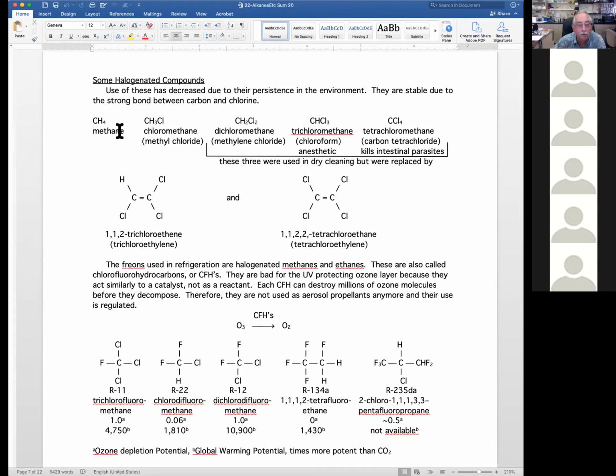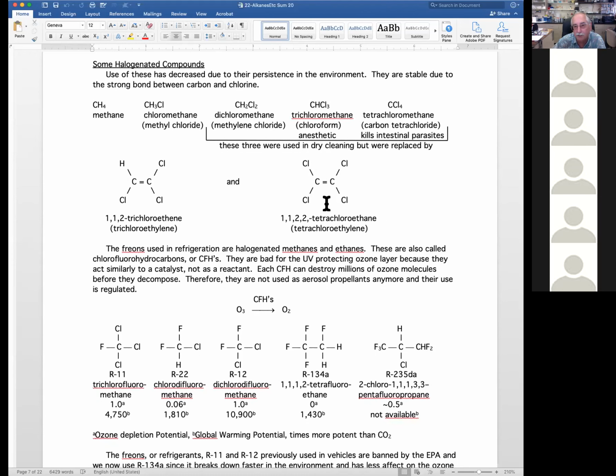This would be nonpolar, polar, polar, polar, and again, nonpolar. Okay. Because it's symmetrical. So these three were used in dry cleaning for a while. Now they replaced them with these right here because they're a little bit less harsh on the environment. Basically because there's oxidative reactions that help you break this double bond and you get into radicals that break down easier.